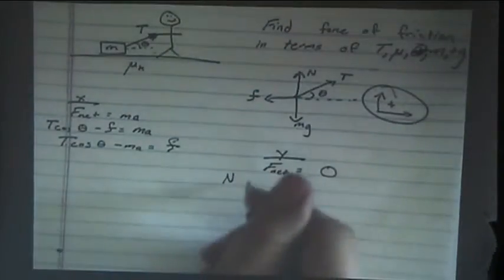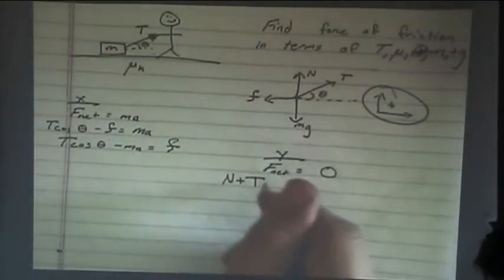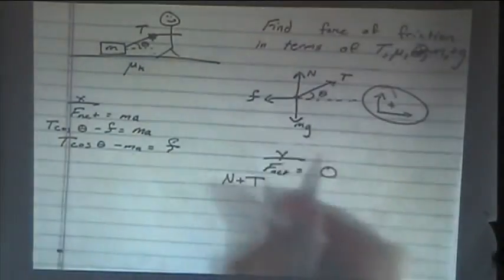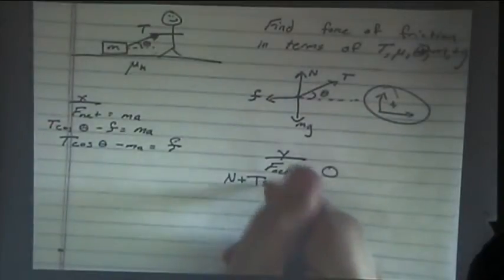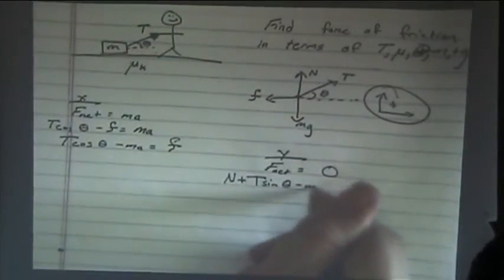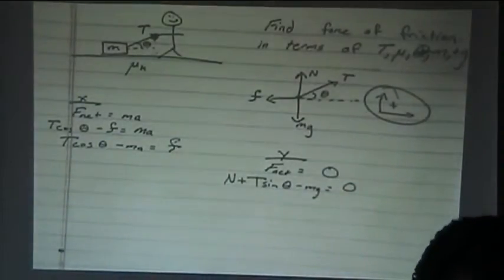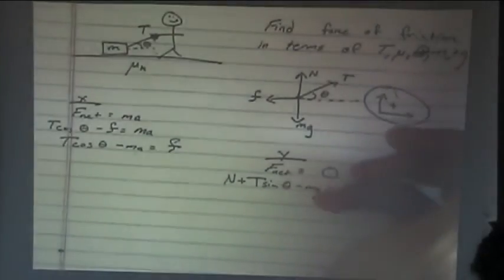The vertical component of the tension is going to be opposite to theta, so that's going to be plus because it points upward, and because the component is opposite to theta, that's going to be sine theta, and then minus mg equals 0.